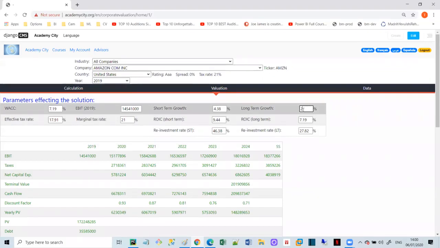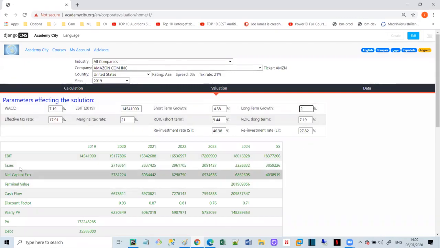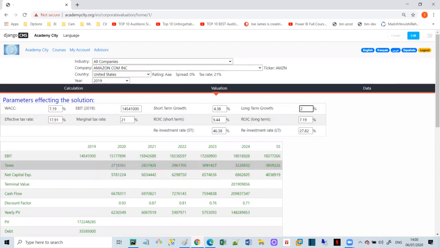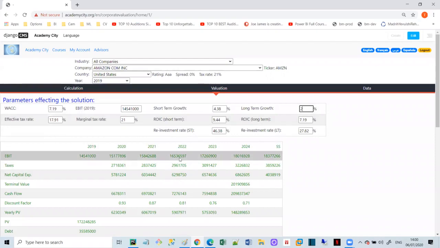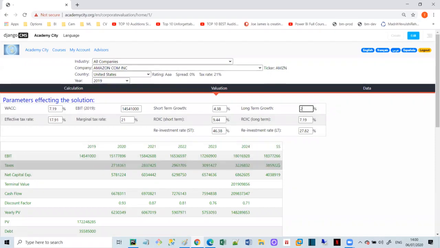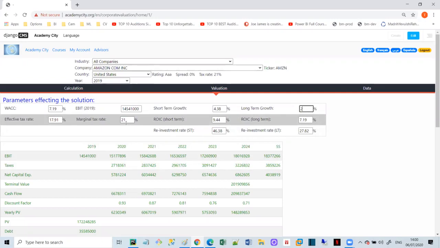And again, emphasize that this is the estimate of the GDP of US, okay? That could be a good sentence to add there. Then we calculate the taxes. Taxes is based in the short term, based on the effective tax rate. And in the steady state, the way we calculate this number, it is based on the marginal tax rate.